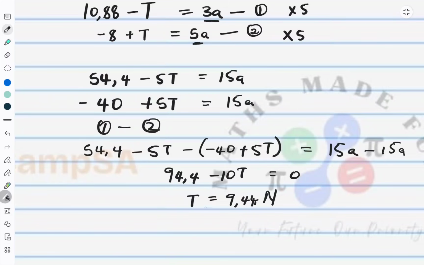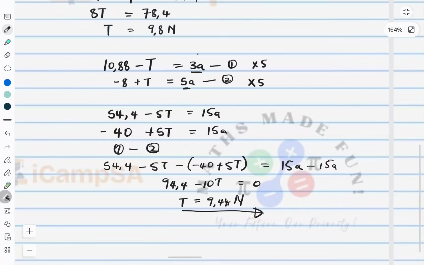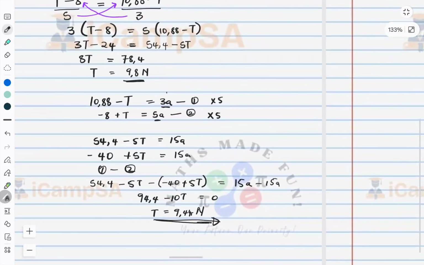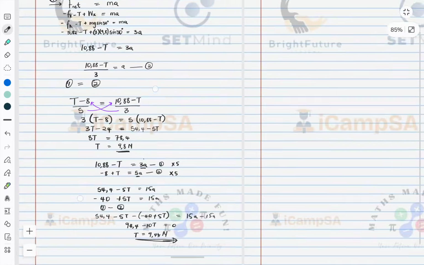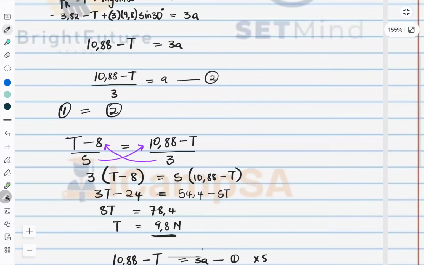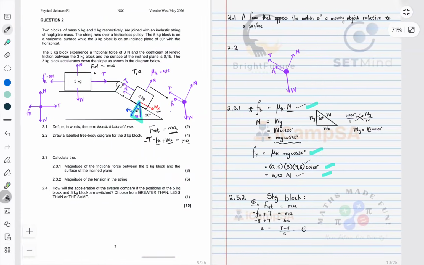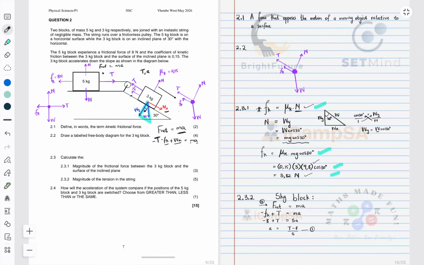So this is what you would get, 9.44 newtons. So the answers are slightly different, but mathematically there's nothing that you did wrong, okay? So that's another way in which you can solve a simultaneous equation. Okay, so yeah, but typically most people prefer the first way that I showed you, and then the other ones, it's a matter of preference after that.